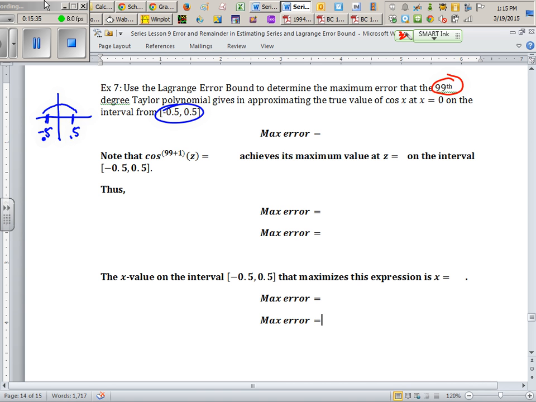A 99th degree Taylor polynomial hugs the curve so well that it actually hugs all the wiggles out to 48 wiggles on the right and 48 wiggles on the left. Okay, so this thing does 49 wiggles actually in each direction. So if you can picture the actual curve, it's an amazingly good fit for a cosine.